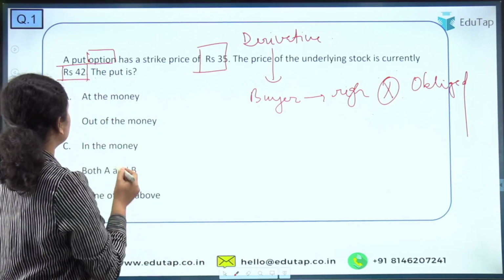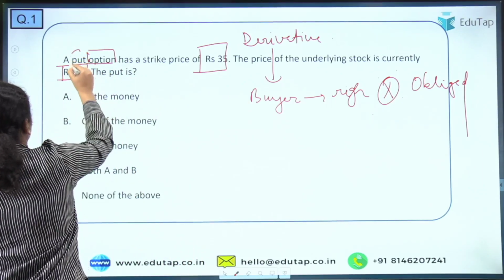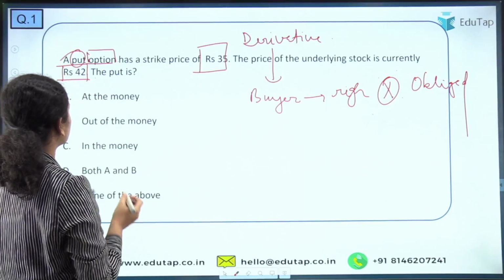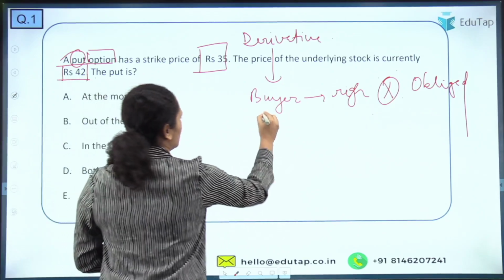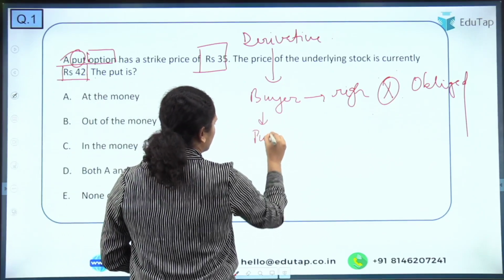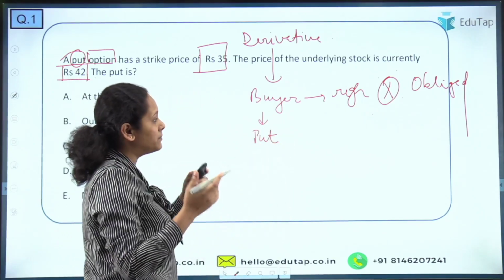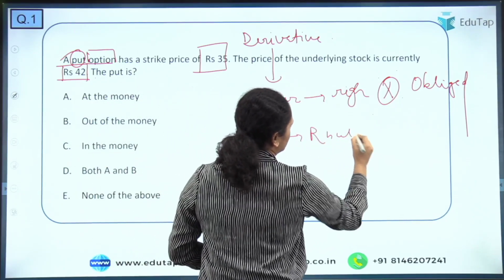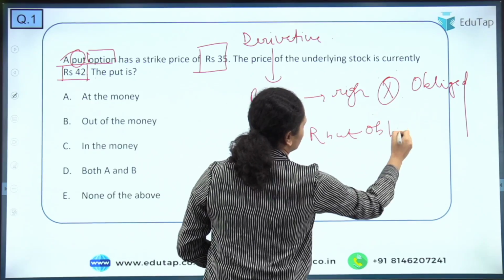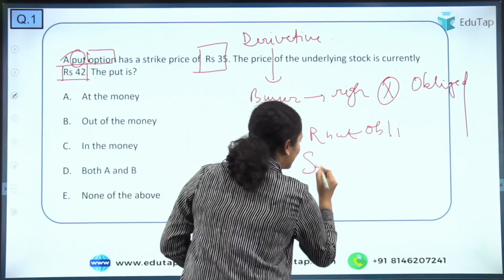Now when I say a put option, when I speak about a person who is buying a put option, what does he do? Who is a buyer of a put? A buyer of a put is a person who has the right but not the obligation, to do what, to sell.